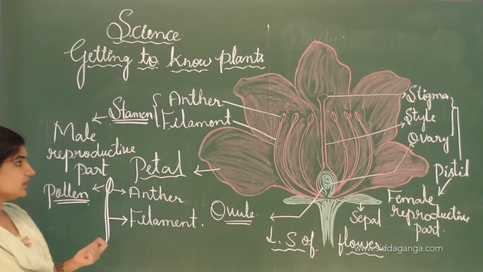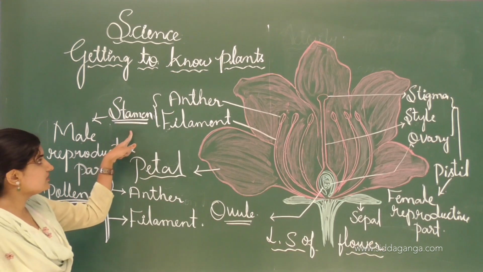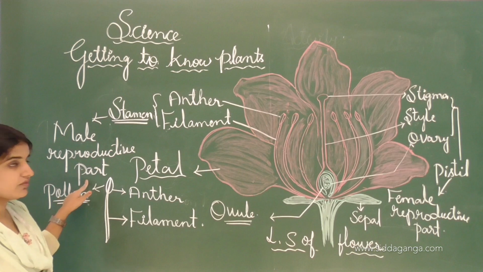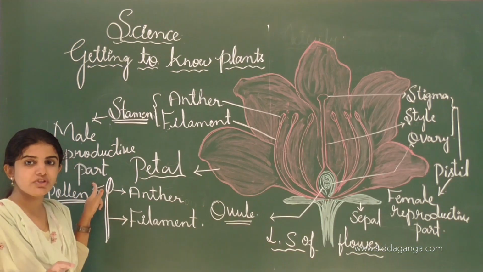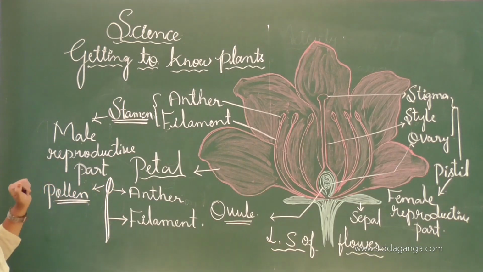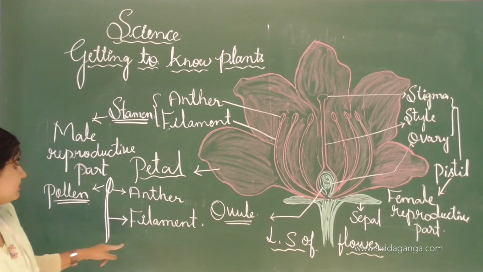And see, the flower can be divided into different parts in which stamen is there. Stamen is the male reproductive part of a flower which is involved in the reproductive process. And stamen can be divided into two parts: one is the anther and the next one is the filament.